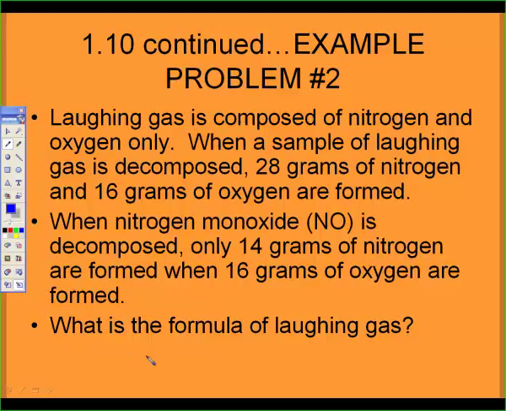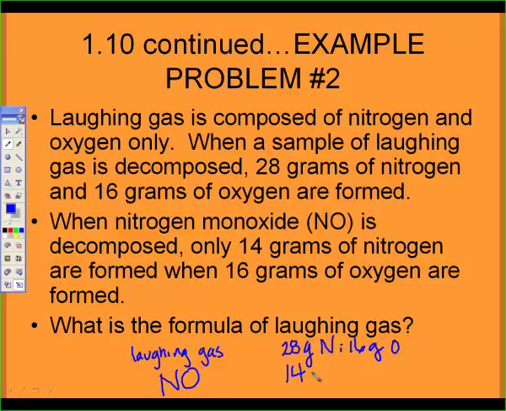So for laughing gas, we've got 28 grams of nitrogen for every 16 grams of oxygen. Nitrogen monoxide is capital N, capital O. When that's decomposed, I've got 14 grams of nitrogen for every 16 grams of oxygen. What is the formula of laughing gas?